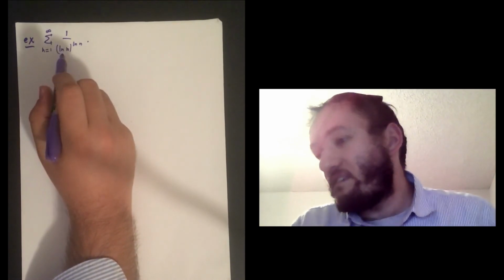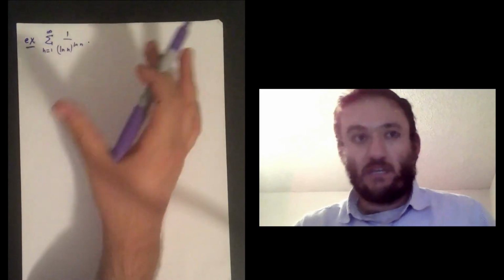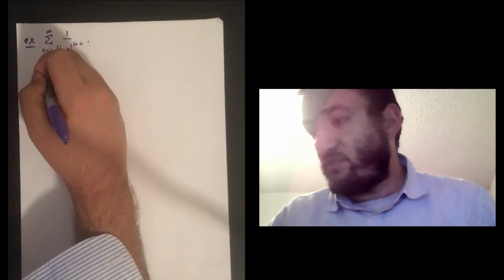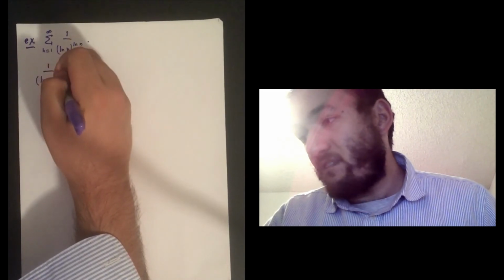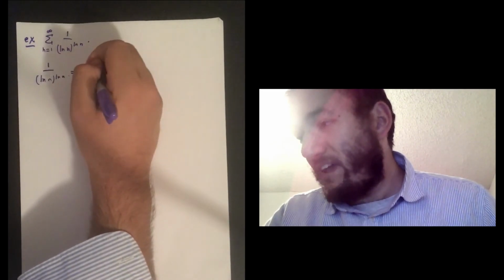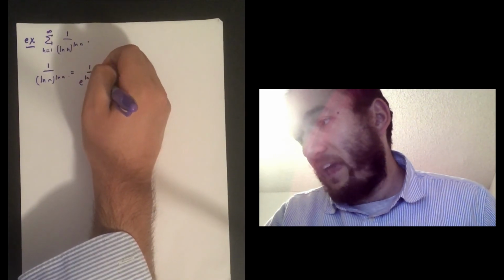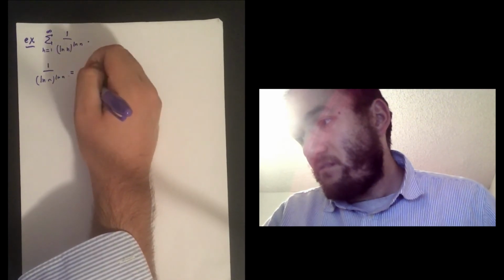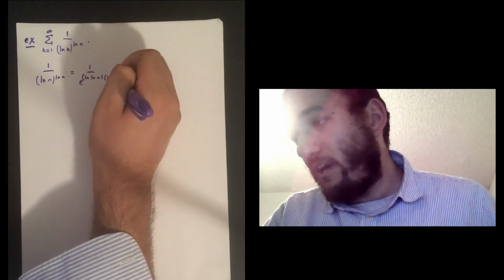So whenever I see weird expressions involving exponentials, I try to put everything into one exponential. So what I mean is 1 over log n to the log n can also be written as 1 over e to the log of log n, and then raise that to the log n power.